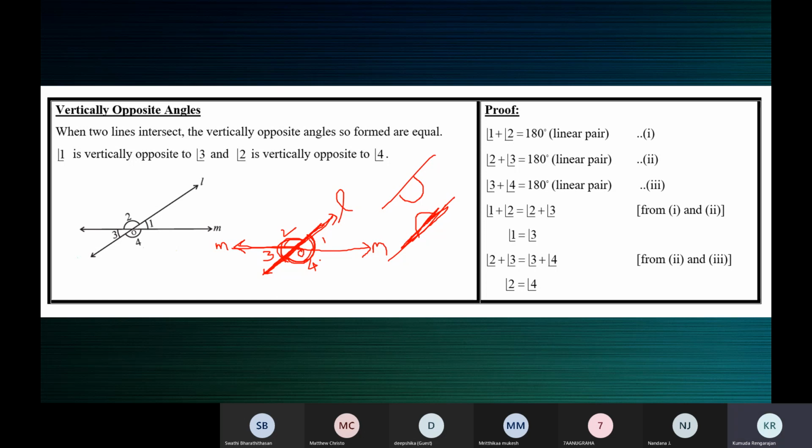That is just to say in very simple words. Otherwise, by the definition, 4 and 1 have a common vertex O. They have a common arm, and their non-common arms, this one and this one, are opposite rays.